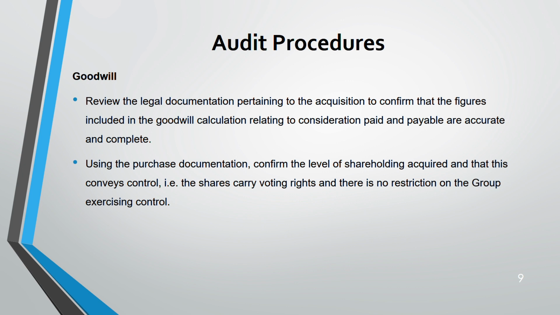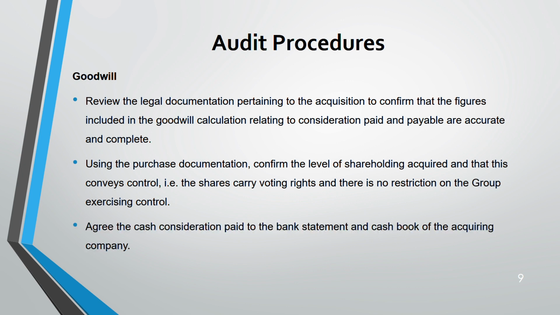If it's control that you have acquired, it's a subsidiary, and you have to consolidate. That's why. Next, because a transaction has taken place, you must have paid something. So you agree that through the bank statement and cash book. Whoever has been acquired, you check their cash book and bank statement to agree the cash that was paid.